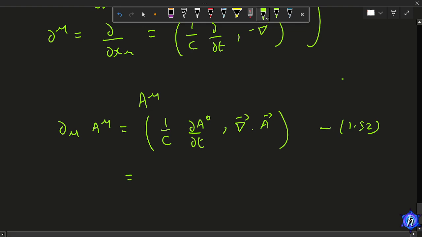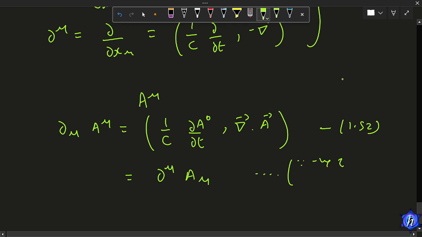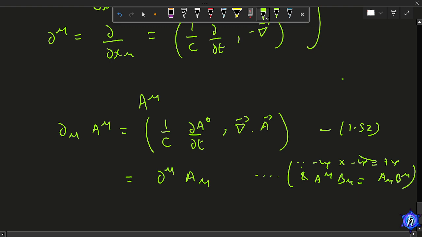I can write this as dou mu a mu. Let me explain why. Negative into negative is positive, so this particular sign goes away, and this particular equality gives us a rule to write this.